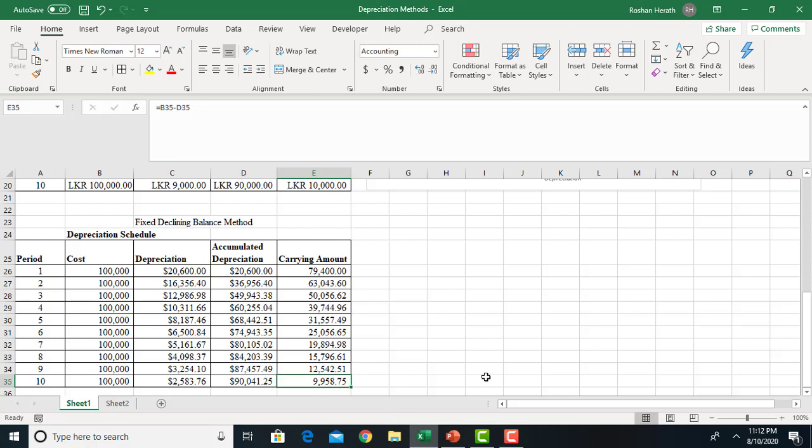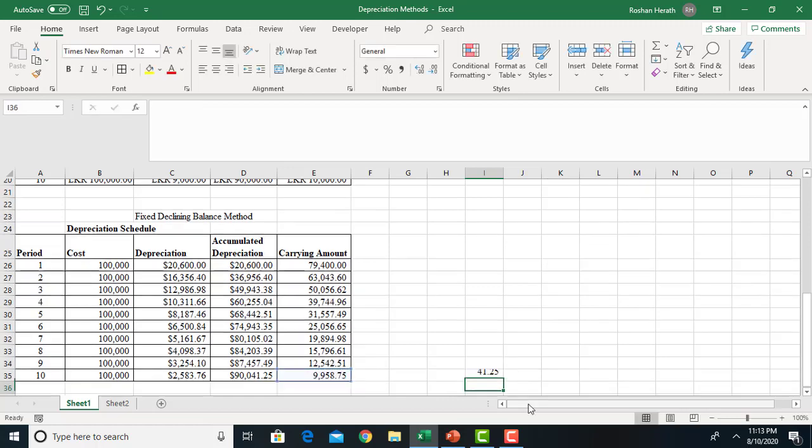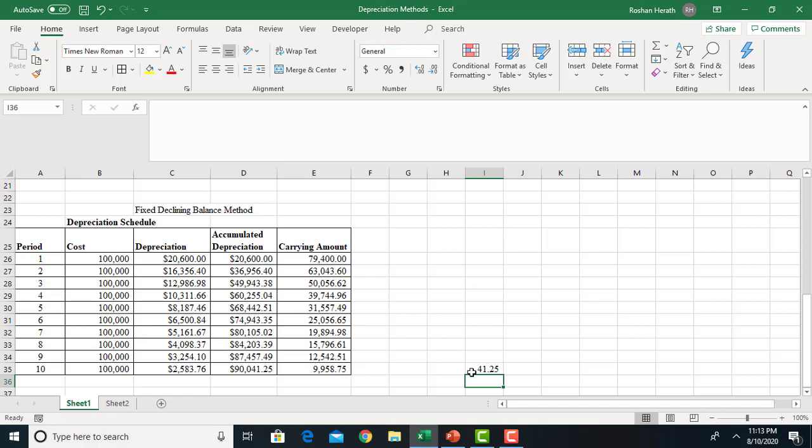So a small adjustment you may have to make under this depreciation method for the final year depreciation. It is something you can expect, a simple adjustment. The salvage value is 10,000, and all you have is 9,958.75. So the difference is 41.25.